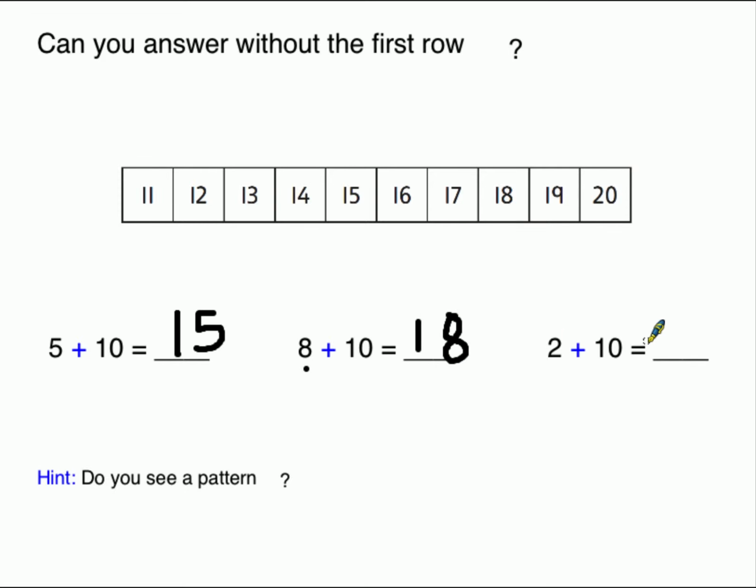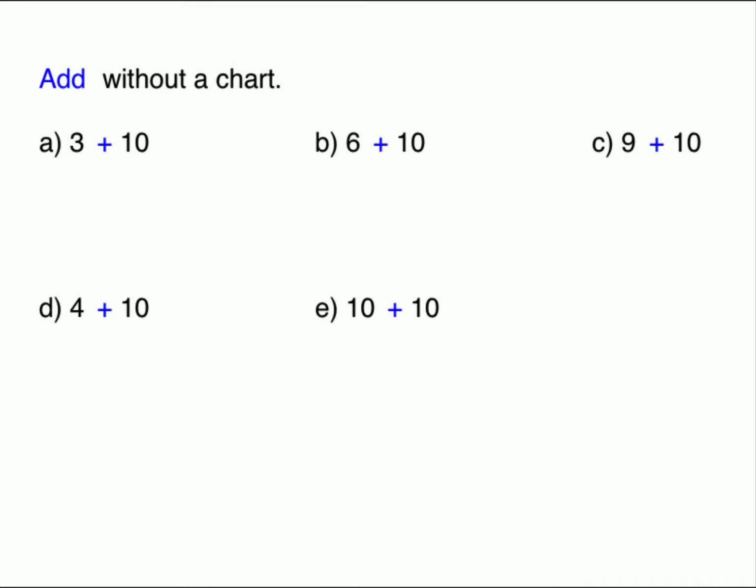And 2 plus 10 is 2-teen. No, the 2 is here. What's this number? 12. See, you have to see that there is a pattern here. There's a 5 and a 5 and an 8 and an 8 and a 2 and a 2. Plus 10 is super easy if you can figure that out.